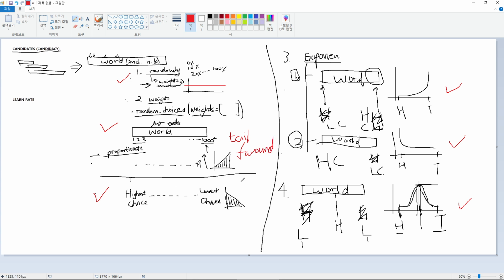If the head entity has the highest chance of being picked, that's called head favored. Same thing here. Oh god, I need a pen to do this. Tail favored. This is head favored. And technically this is median favored.